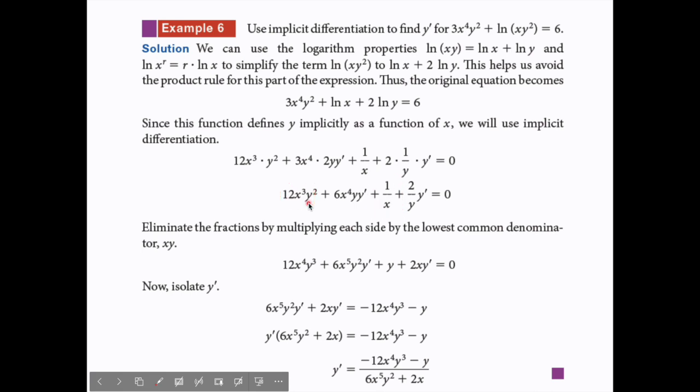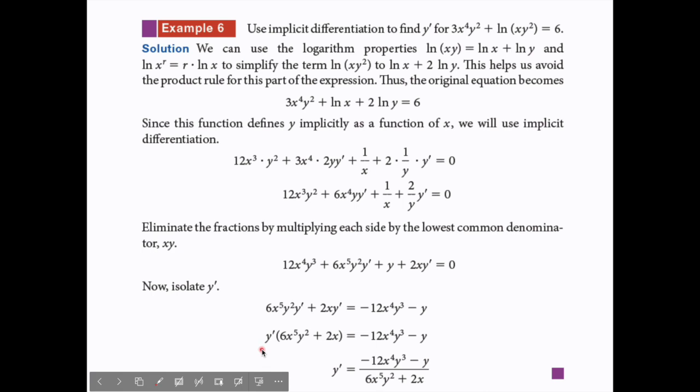So y primes go on one side and then everything else on the other. When you do that, these are the terms with the y prime, so we're going to keep them there. But the terms that don't have the y prime, we're going to subtract to both sides. Now that we have the terms with y prime in it separated, we can factor out the y prime and then divide by what's left over.